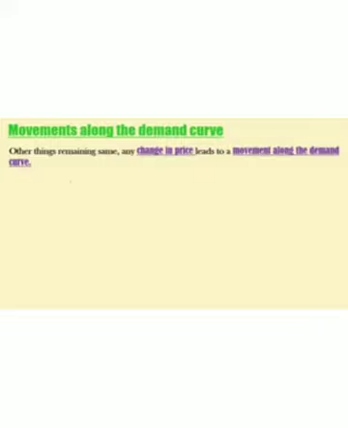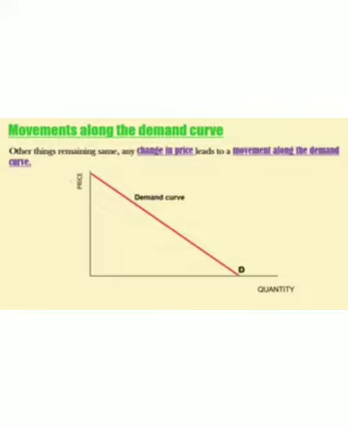First, let us draw the demand curve in the XY plane. We measure quantity along the x-axis and price along the y-axis. Then draw the demand curve D. Suppose the initial price is P and the consumer is buying Q quantity of goods at this price.